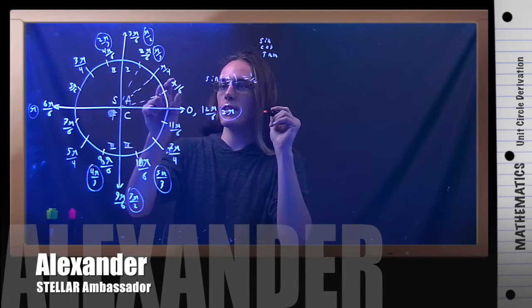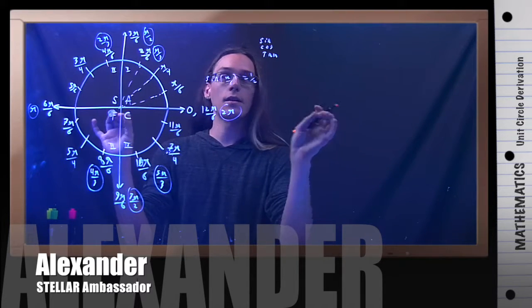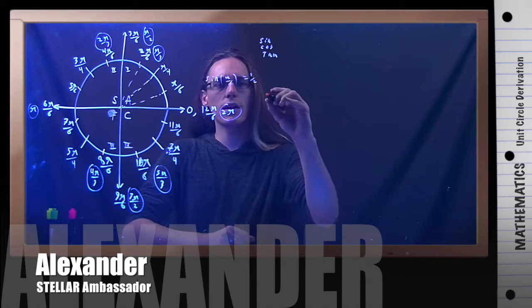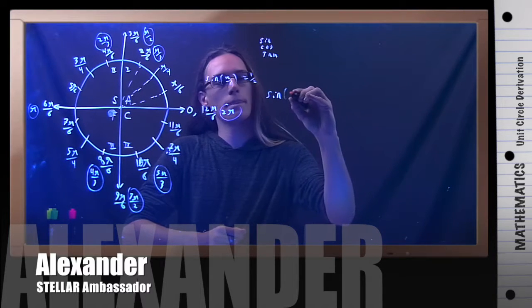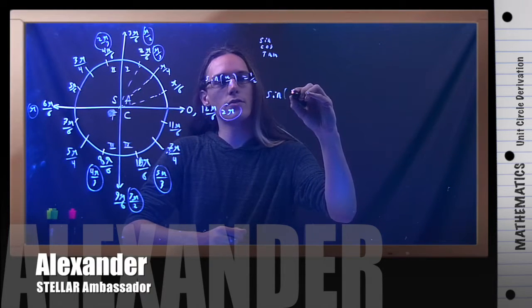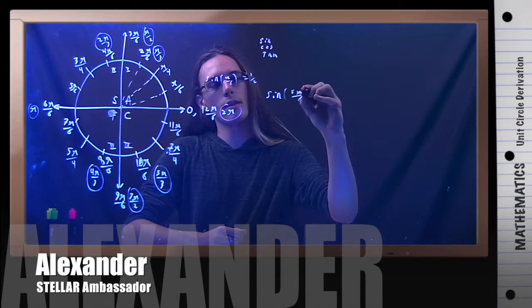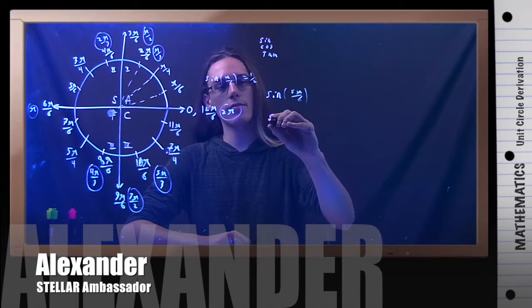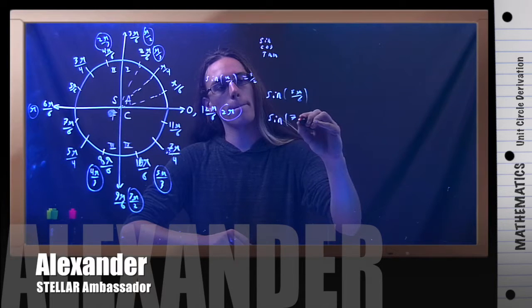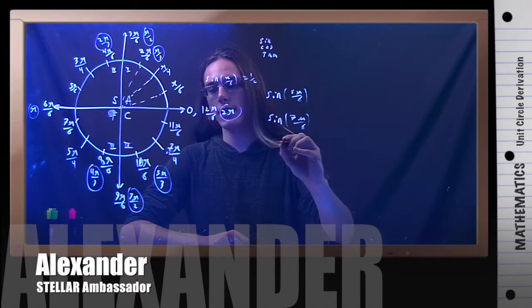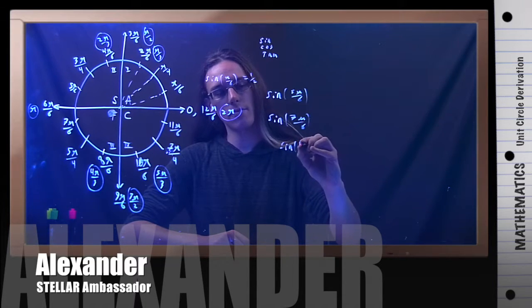Positive. That's that angle right there, and I just memorized that. But now, say I want to find sine of 5 pi over 6, and I want to find sine of 7 pi over 6, and I want to find sine of 11 pi over 6.